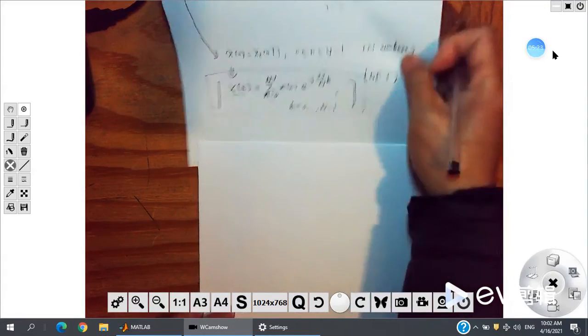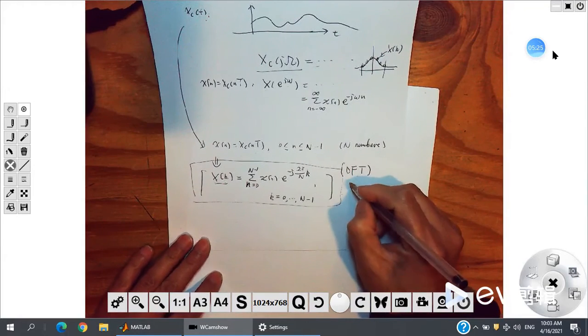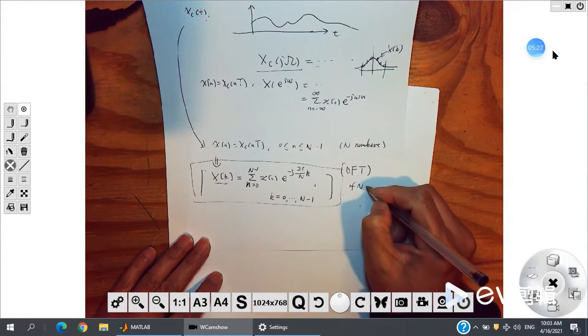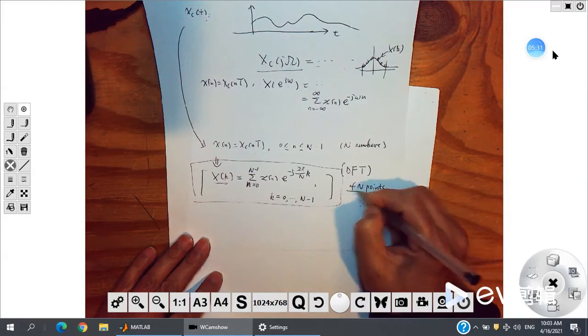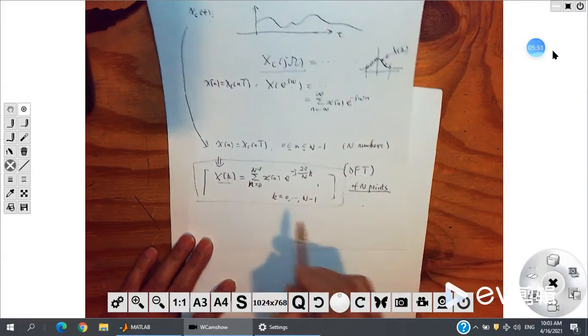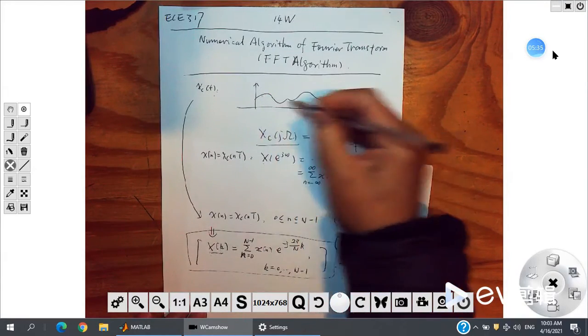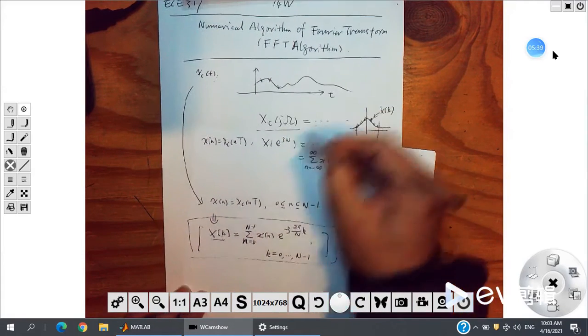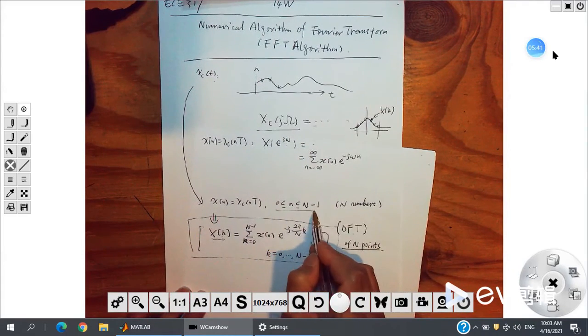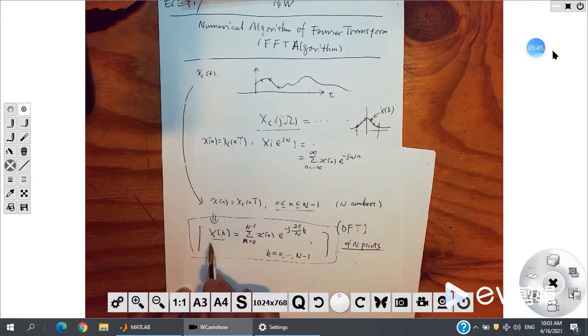We call this an N-point DFT. We take N samples, and after you perform the DFT, the result is also N samples.